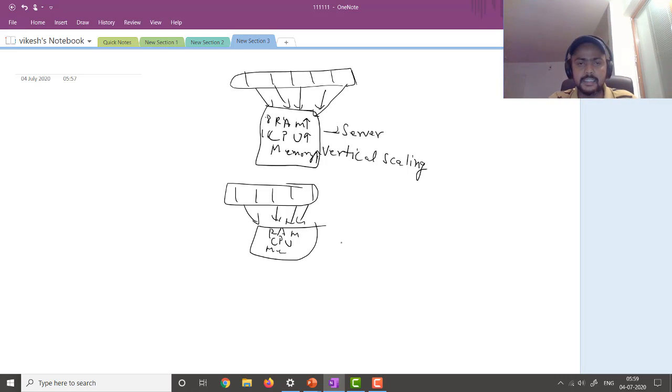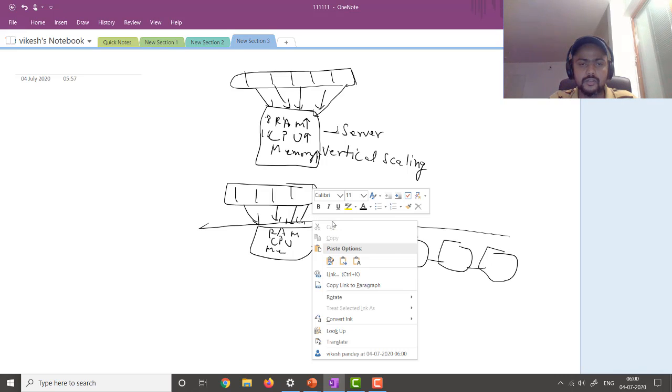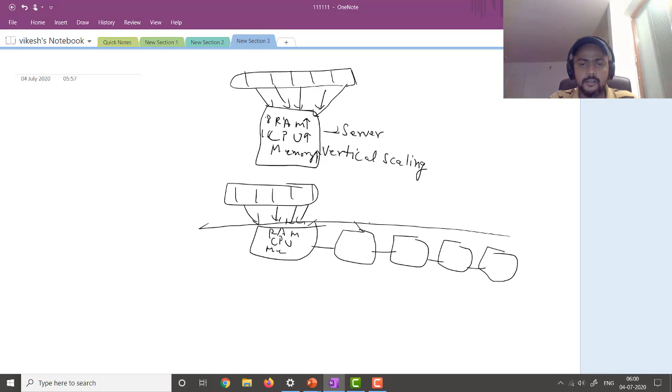So instead of vertically scaling the machine, you can horizontally scale it, which means that you spin up more machines with the same capacity as the original machine, and you connect all of these machines via a network, and then maybe you can put a proxy server here, and all the clients are basically throwing the request to the proxy server, and then the proxy server is routing those requests to either the first machine, the second machine, the third machine, the fourth machine, or the nth machine. It depends upon which machine is available to take up the requests.